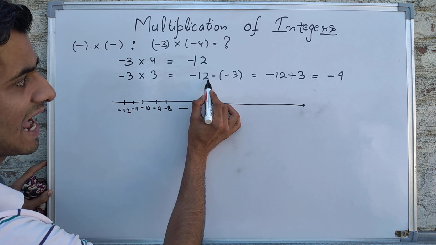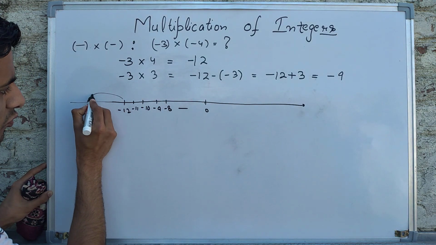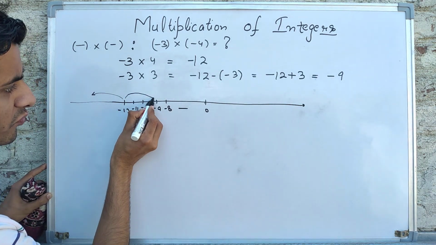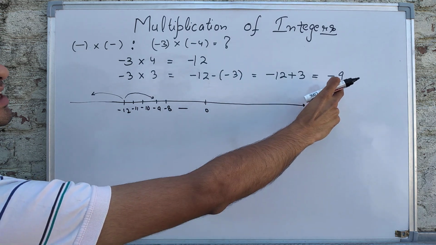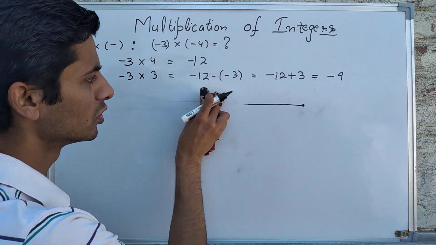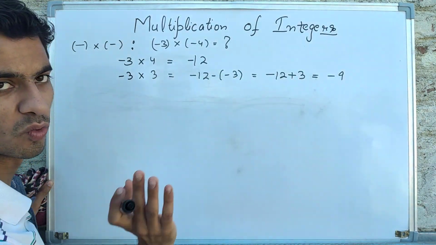If you want to add negative 3, this is the negative direction, so you will move towards this direction. And if you want to subtract negative 3, obviously you will move in the opposite direction and you will get negative 9.